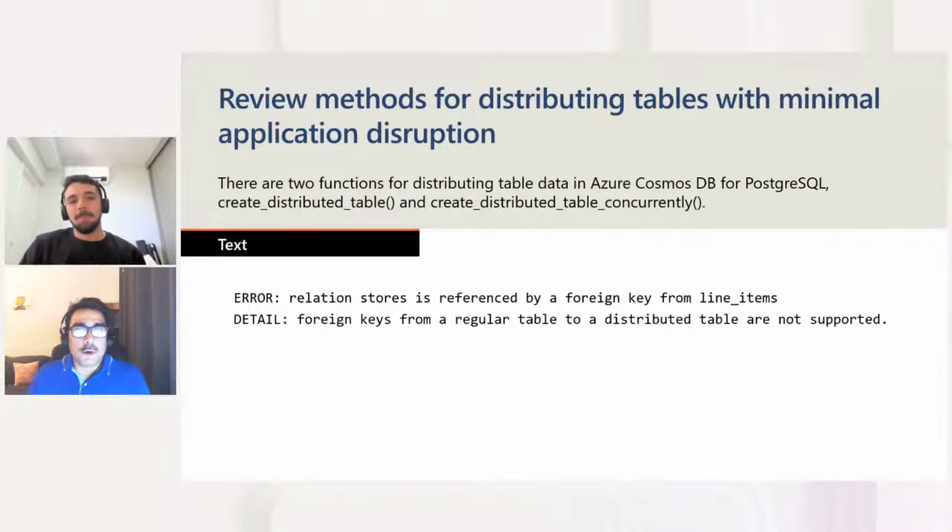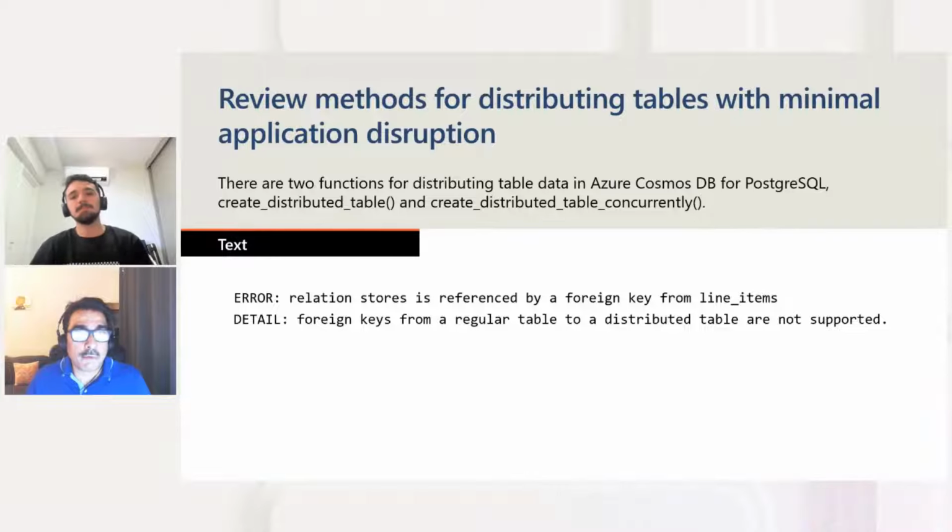Right, yeah. So now we have identified the distribution, we have identified the order of the distribution. Now, while we are distributing the tables, we should have minimal application disruption, which means we should ensure that there is no downtime or outage of the application, because it's a critical application.